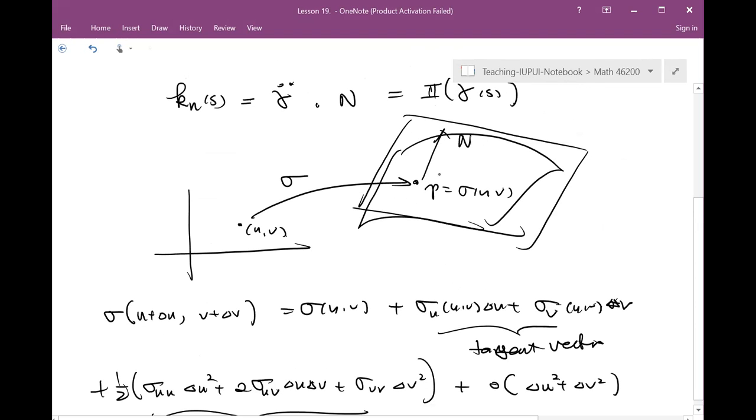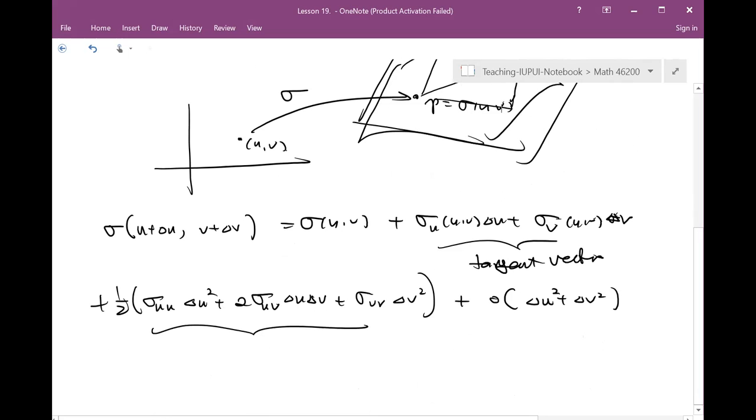This is the second order derivative, sigma uu delta u squared plus sigma uv delta u delta v plus sigma vv delta v squared. This vector can be projected to the normal vector, and also projected to the tangent plane. So there will be two components here.